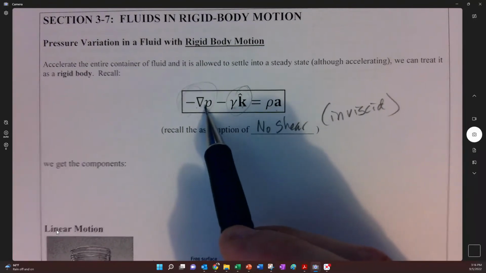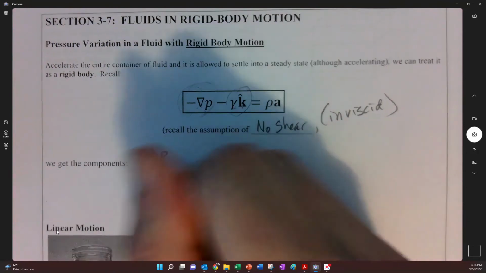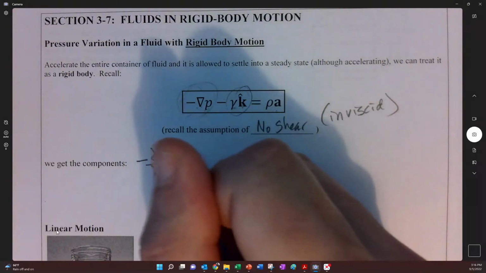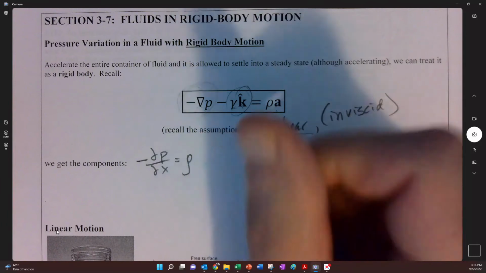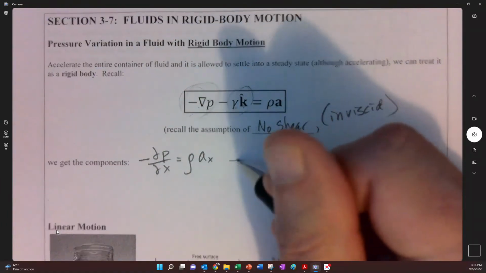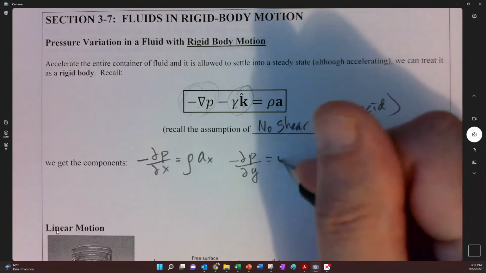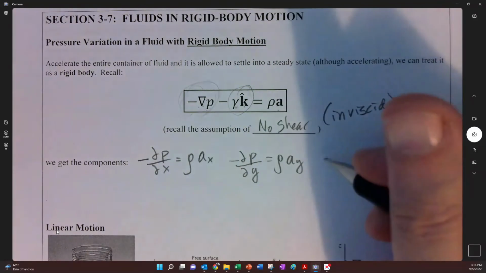If we break this thing apart and look at it, the partial derivative of the pressure in x is equal to the density times the acceleration in the x direction. The partial derivative of the pressure in the y direction is equal to the density times the acceleration in the y direction.